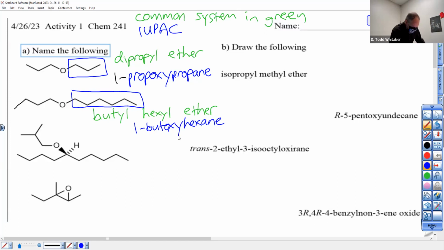Now this one's got a long chain that you should number from here. It's decane. You could come up with a green system, but I'm going to do the blue one first. It's a decane. And on 5, there's a group. What's the name of the group?